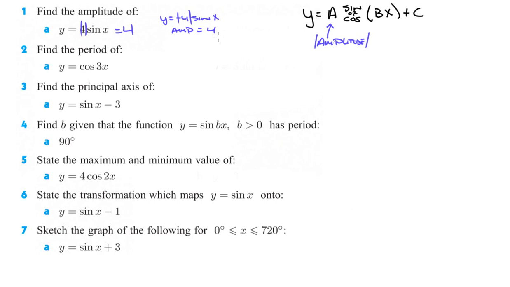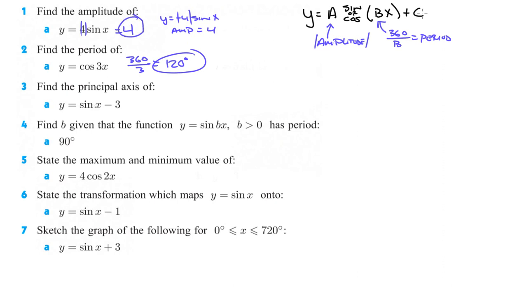Okay? Period: this part here deals with it. If you take 360 divided by this b, that gives us the period. So in this case, we take 360, divide it by 3, and that gives us that the period is 120 degrees. Okay?